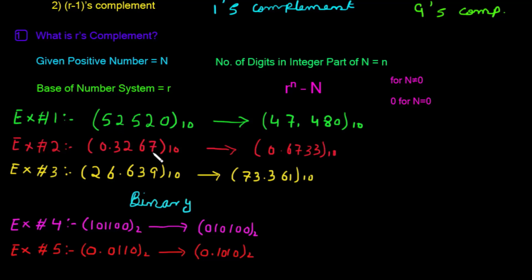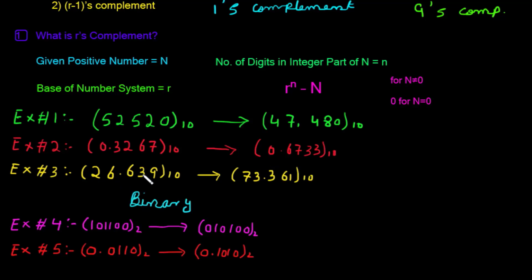So look here, we don't have 0 over here, so the first digit will be subtracted from 10. When 7 is subtracted from 10, I will get 3, and then all the higher significant digits will be subtracted from 9. When 6 is subtracted from 9, I will get 3, and when 2 is subtracted from 9, I will get 7, and when 3 is subtracted from 9, I will get 6.